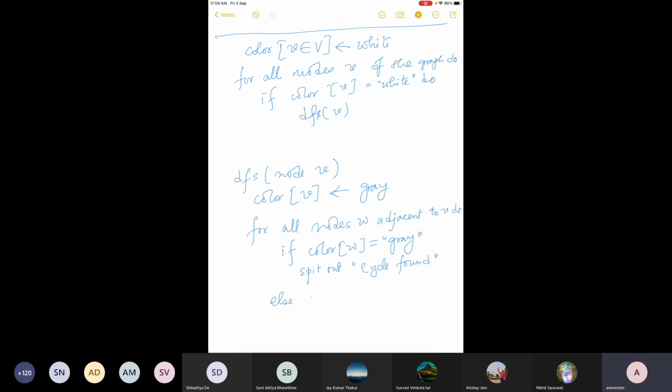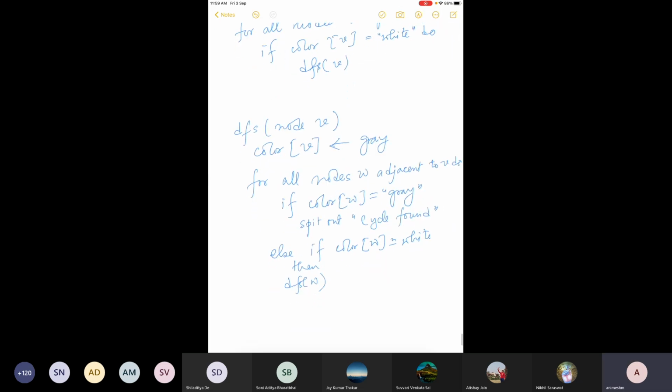Else, if color of W is white, then DFS(W). Finally, coming out of the loop, color of V is set to black.